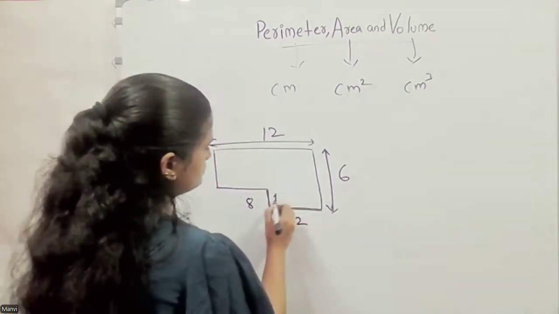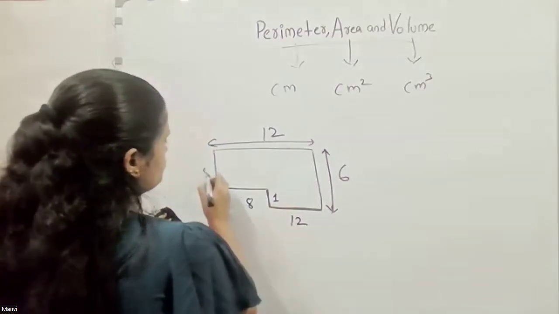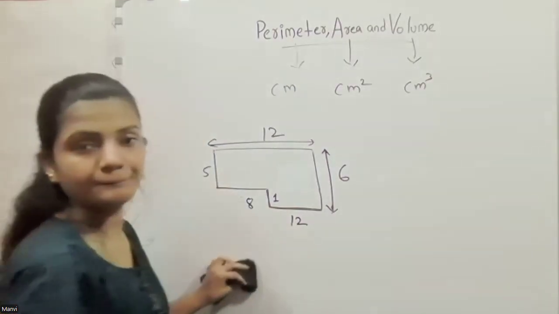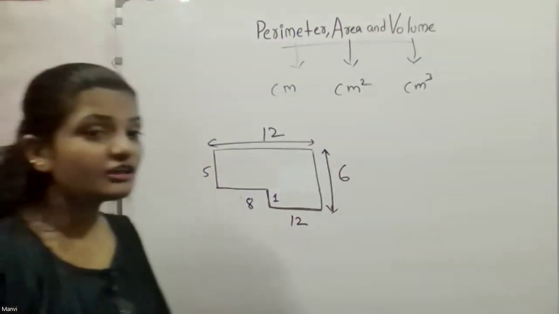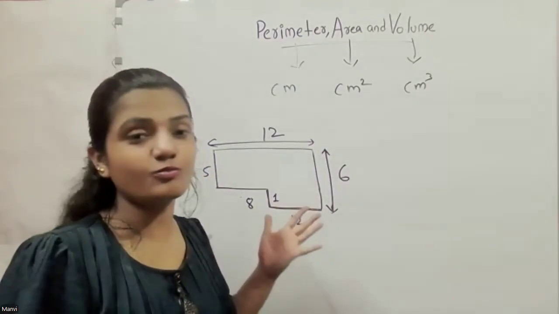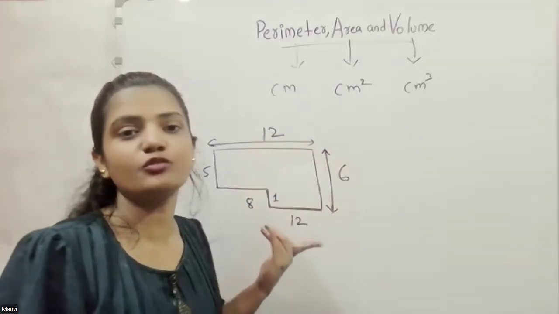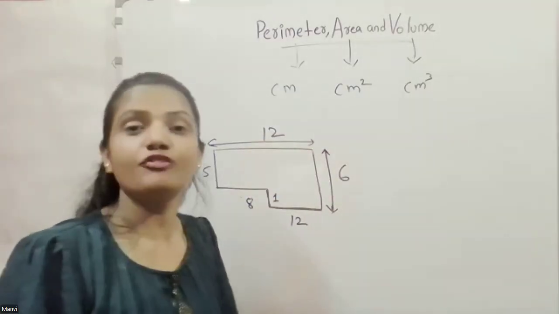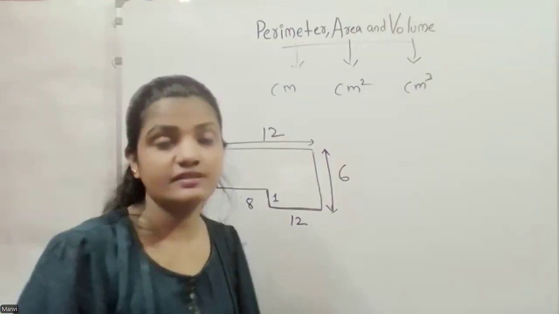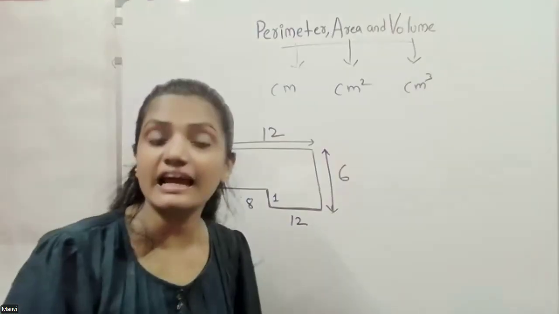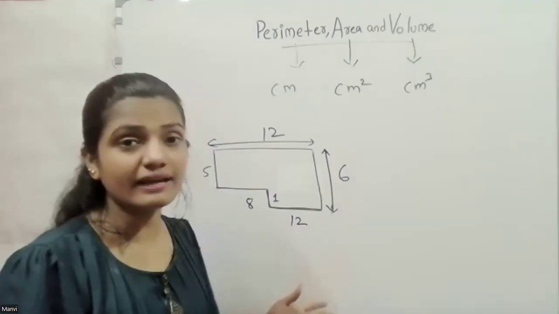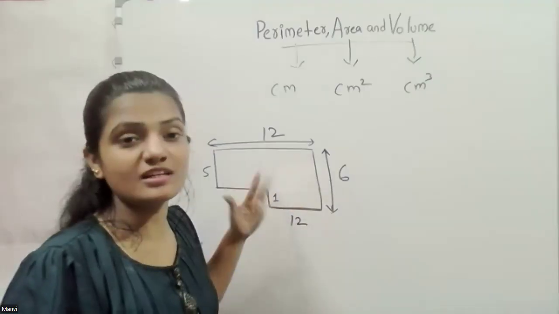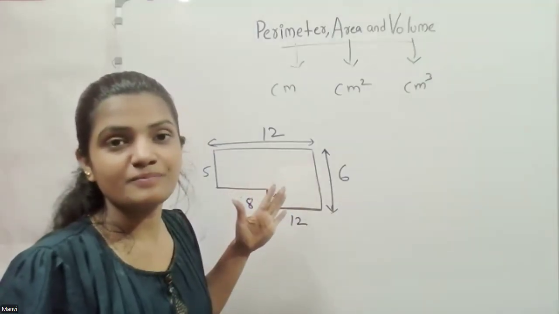This is 1. That is 5. Okay. What is the area of this shape? We don't know the area directly, because by using the side lengths we are able to find the area. We know the area of a square, triangle, rectangle, trapezium, parallelogram, but this compound shape is none of that.